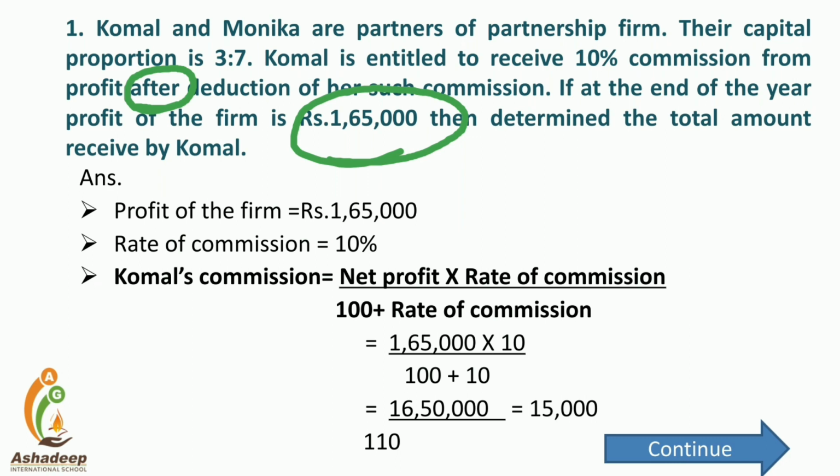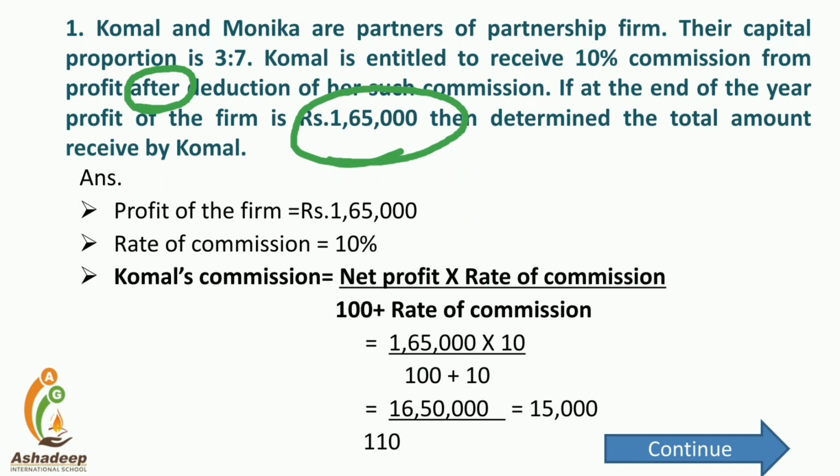So the profit of the firm we know is 1,65,000. The rate of commission we know is 10%. And the question is to find the total amount received by Komal. In this question, Komal will receive two types of income: the first is commission and the second is profit share. So how are we going to find the commission?